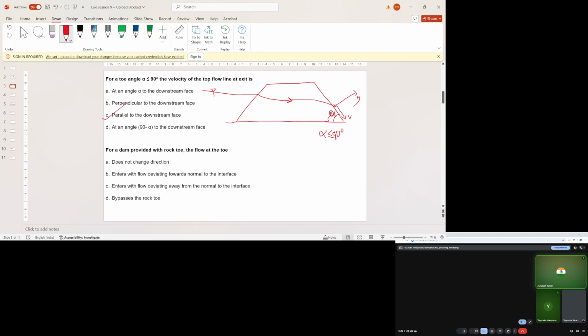So once it crosses the outcrop point, the velocity will always be parallel to the downstream face. This is the normal vector, this is the velocity vector, and this is the normal to the velocity vector, right? So the velocity will always be parallel to the downstream face of the dam once it exits the outcrop point. Any doubt?